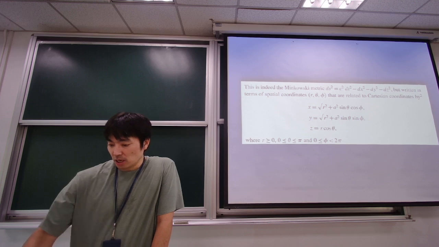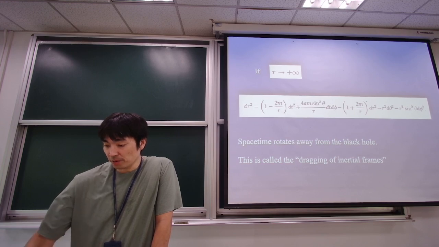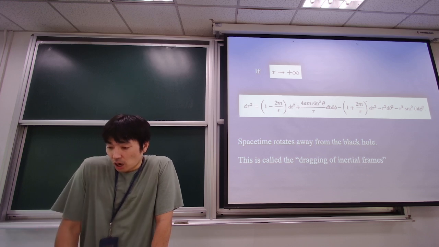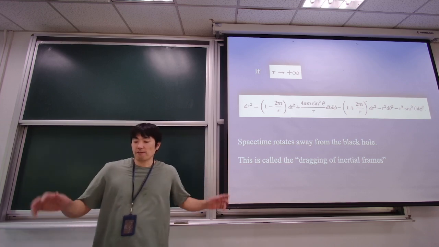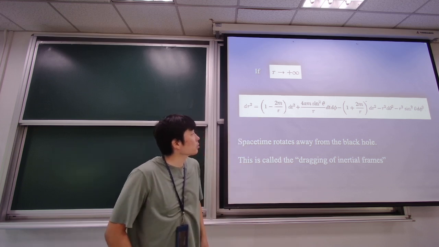This is from the Cartesian form, and when r goes to the infinity limit, the metric becomes like this far from the black hole.